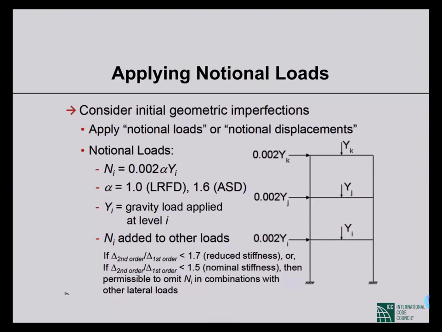If the second order sway divided by the first order sway ratio is less than 1.7 for reduced stiffness, or less than 1.5 for nominal stiffness without reduction of stiffness, then if at a particular story level the existing lateral load from other sources is more than 0.002 Yi, we don't need to add this.